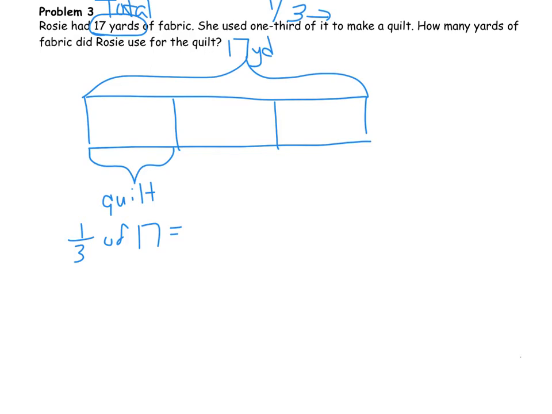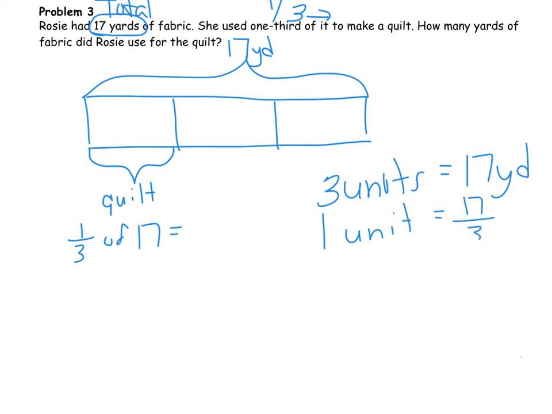So what I do know is 3 units is equal to 17 yards. So 1 unit would be equal to 17/3, or 17 divided by 3. Well, when I do that work, and I'm going to show the work over to the side, 17 is my dividend, 3 is my divisor.